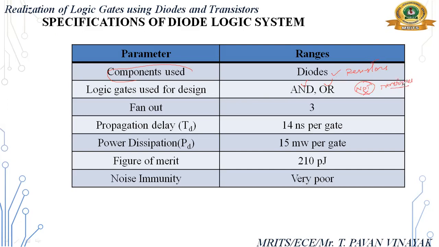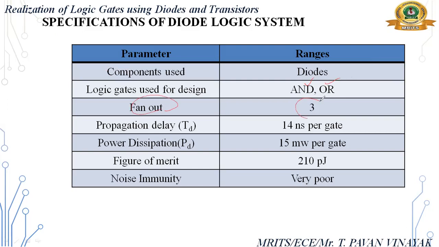A transformer cannot be designed in an IC. So NOT gate is not designed. Internal circuit is possible, but to design an IC, NOT gate is not possible using diodes. So AND and OR gates are possible.